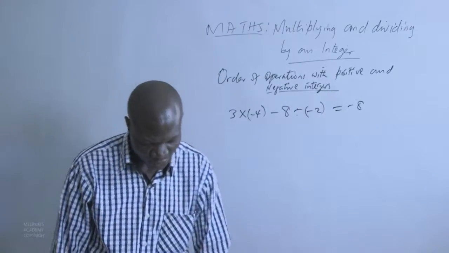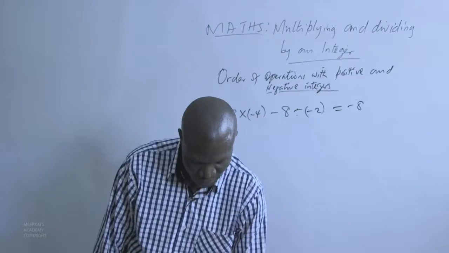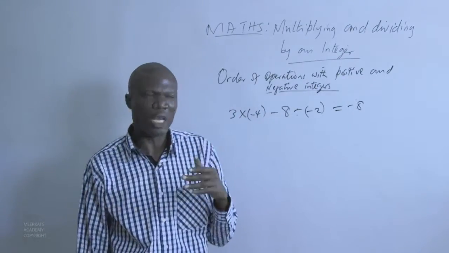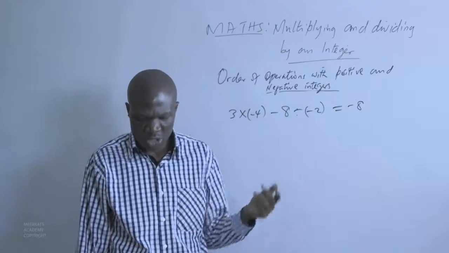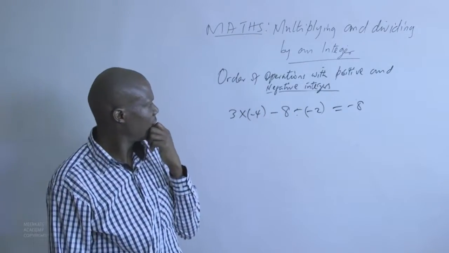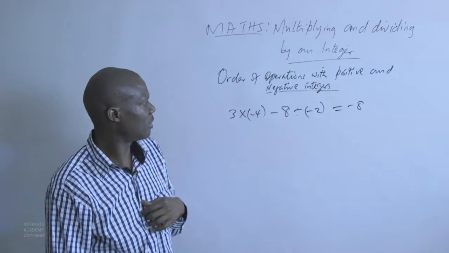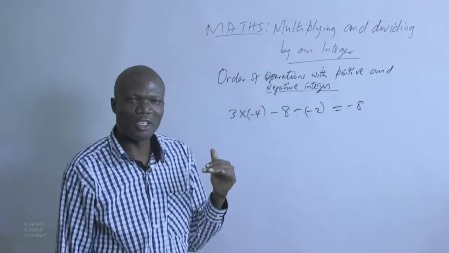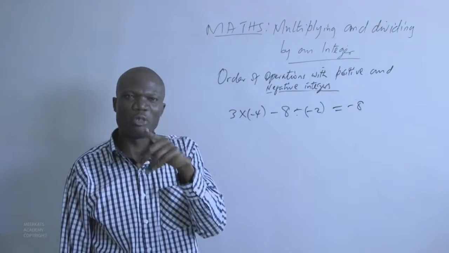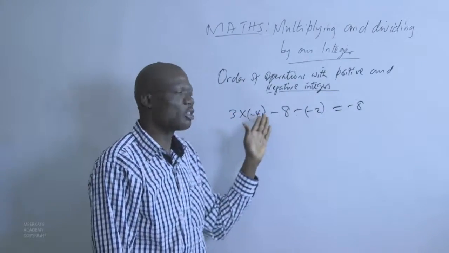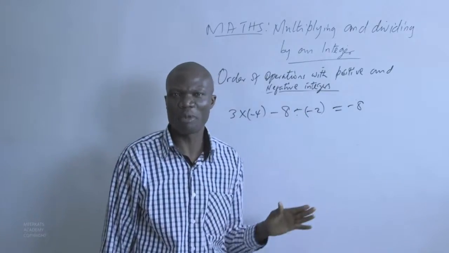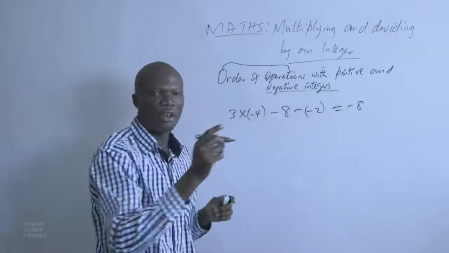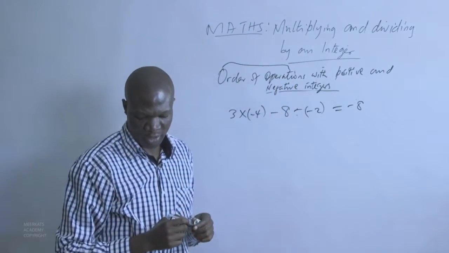Maybe another one has felt that there is no need for brackets, we can just work it out and get the answer. So, which is which? By the end of this lesson, you should be able to work out such problems without any problem, keeping in mind that you maintain the order of operation.